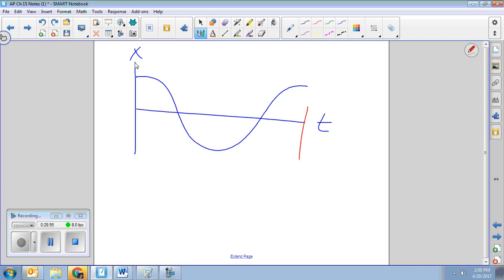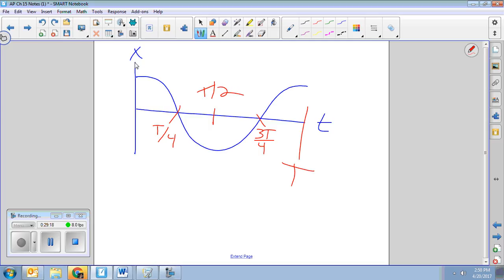Period, right? So call this T, right? By that same logic, how much time did it take to get here? T over 2, right? And then to get here is T over 4, because it's half of a half. And then that means that this must be 3T over 4, okay?